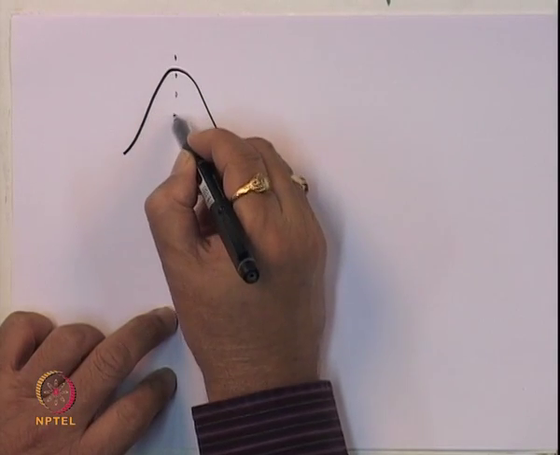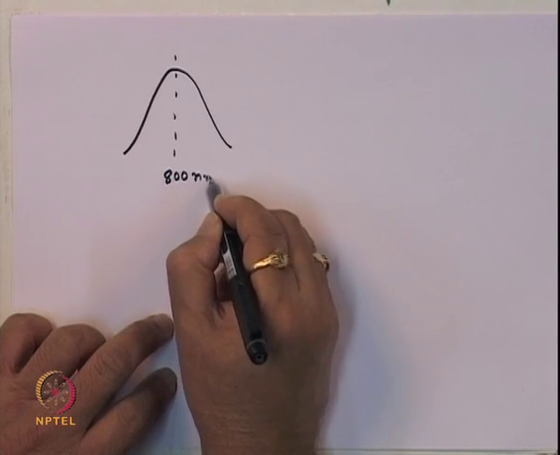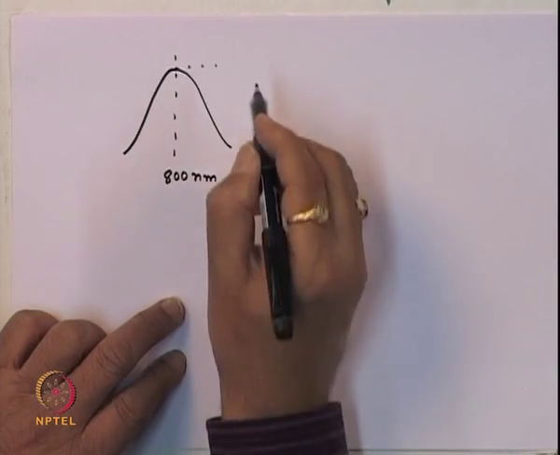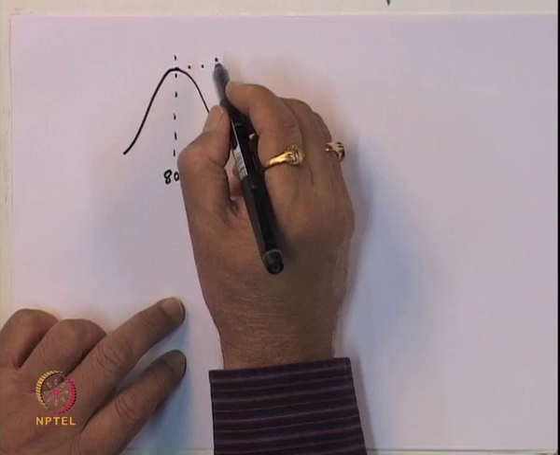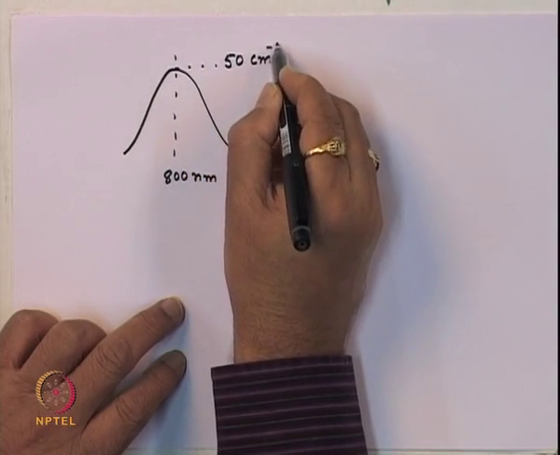The center wavelength for this Gaussian function is 800 nanometer. The peak gain which the function has is 50 centimeter minus 1.